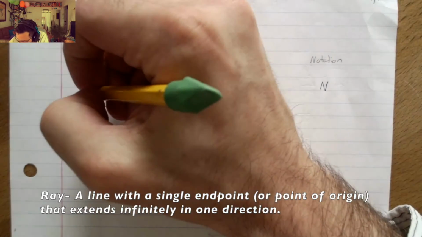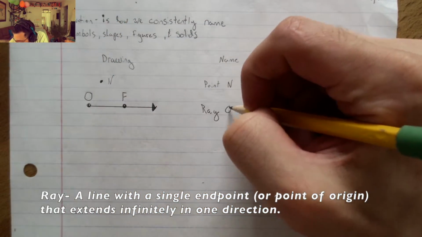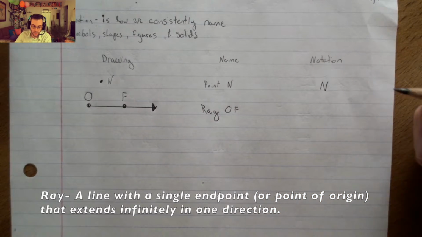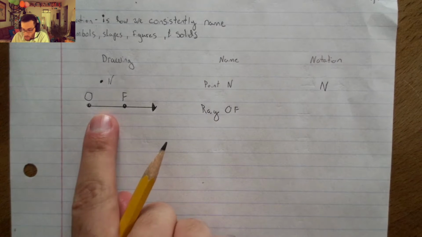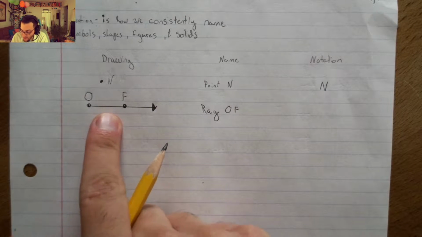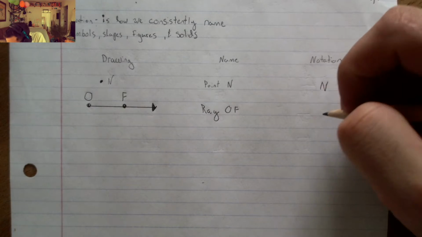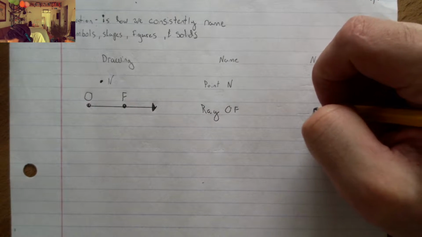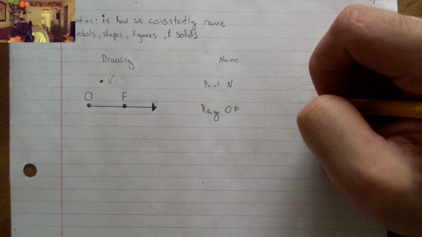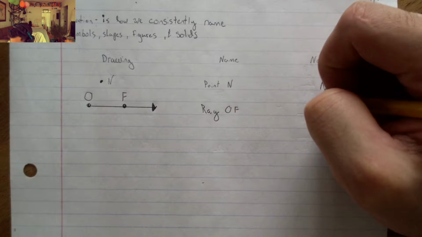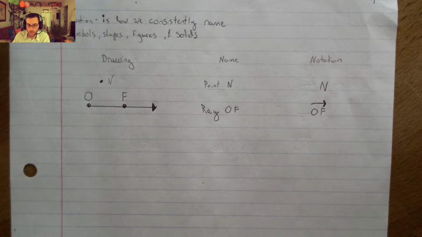For this particular one, we're going to label it OF, and our ray is going to have 2 letters in its name. It's going to be ray OF specifically. Cool thing also, just so you know, we can flip the name. We can also call it ray FO if we want. And in terms of our notation, as we see with a ray, it only points one direction, or it has one arrow on it, and that's just going to be in our symbol.